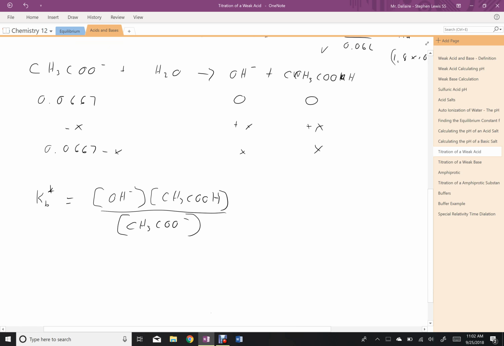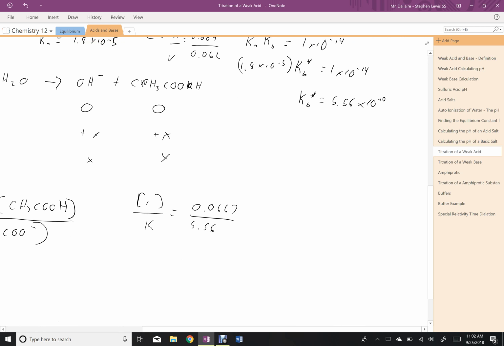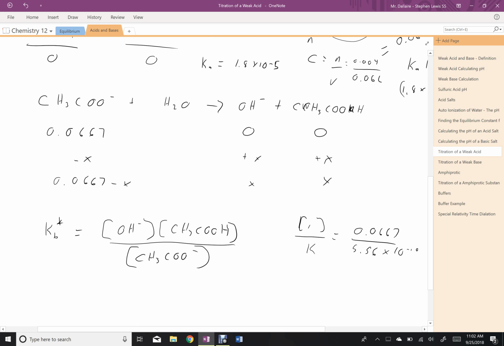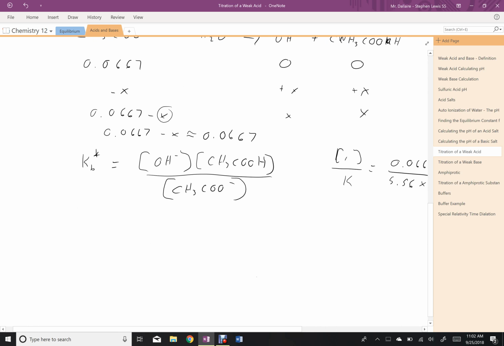Also, I can use my 100 rule. The concentration of my reactant over my K value is going to be 0.0667 over 5.56 times 10 to the negative 10. So this is going to be much greater than 100. What that means is that this change is small, and so 0.0667 minus x is approximately equal to 0.0667. Okay, now I'm ready to insert all my numbers into my K expression and come up with my concentration of hydroxide.